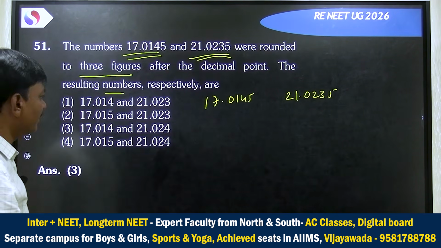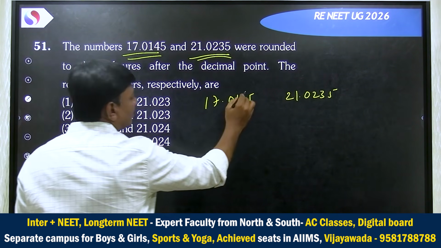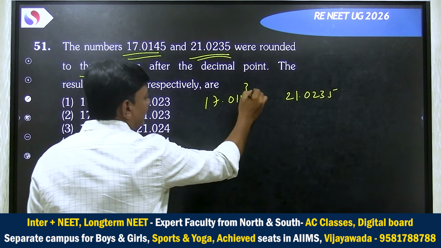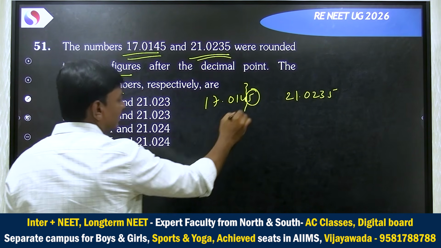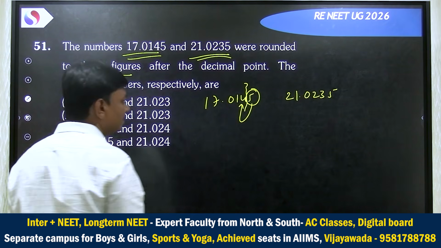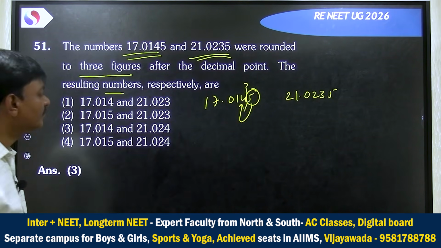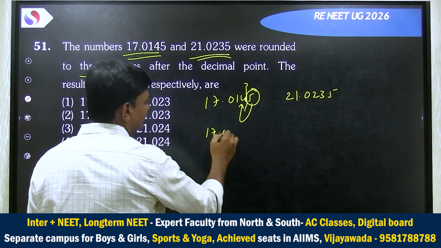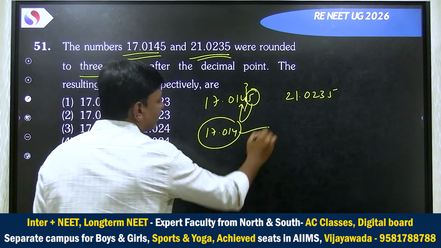Up to 3 decimal places, that means we can cut here. After that, a 5 is there. Before the 5, an even number is there. So we have certain rules, and depending on those rules, that number will be 7, that number will stay the same.